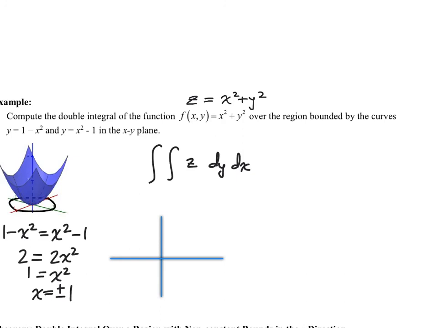So what we're dealing with here are two opposing parabolas. If you remember from Calc 1, this is y equals x squared minus 1, and y is equal to 1 minus x squared.